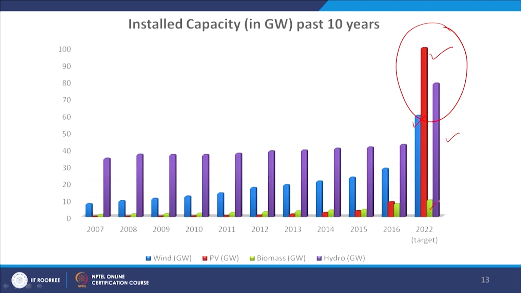So in 2022, maybe another 4 to 5 years from now, we are going to add as high as 250 gigawatt of renewables in the system. So we need smarter technology to accommodate those renewables for stable operation of the energy grid.